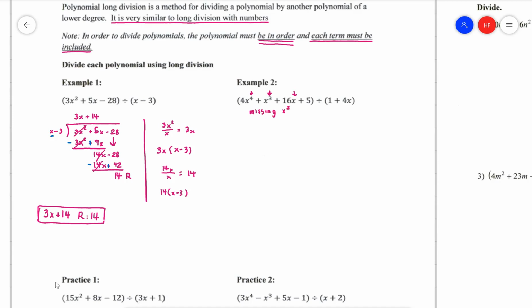So when we write out underneath the division symbol, we'll have 4x to the power 4 plus x cubed plus 0x squared plus 16x plus 5.